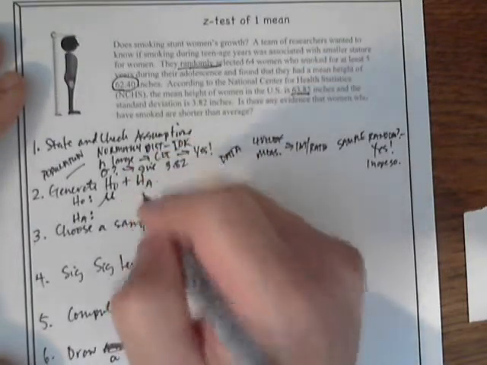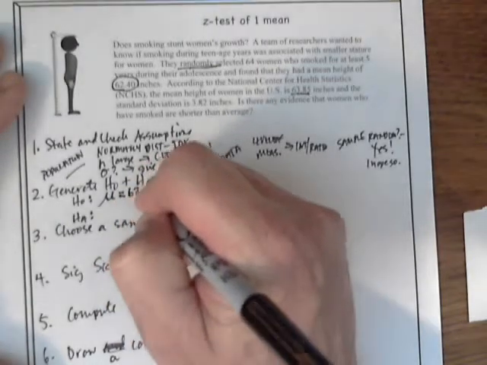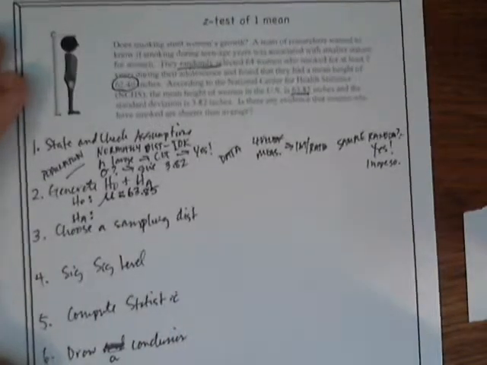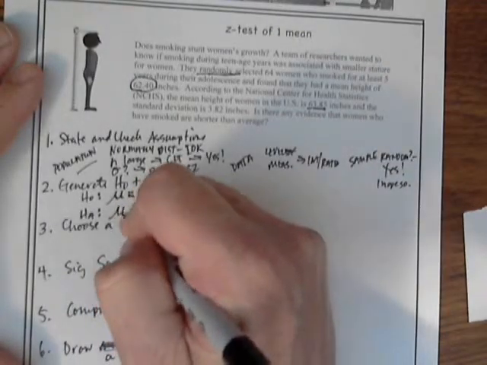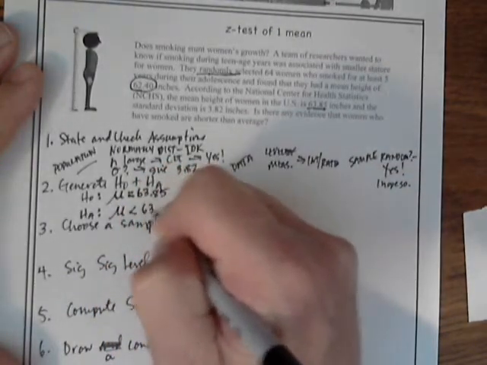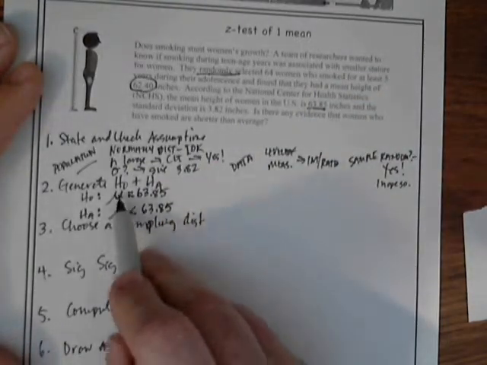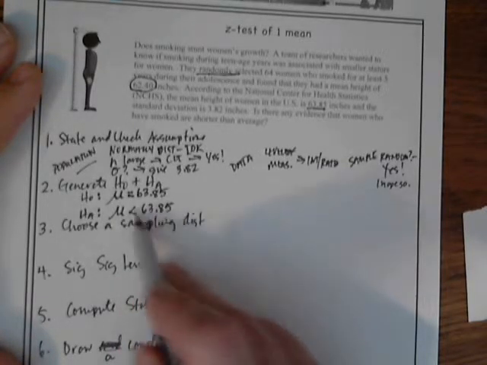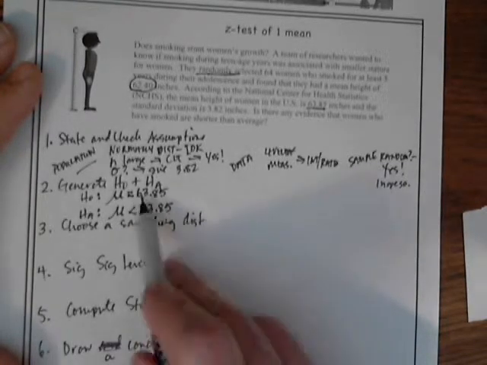If that's in fact the case, then the mean height of women who smoke will be 63.85. Now, if smoking does stunt growth, then the mean will be less than 63.85. That is our alternative hypothesis. The alternative hypothesis is about the same population parameter, but it's much more general. There are a lot of values that are less than 63.85. There's only one value that is exactly 63.85, and that is 63.85.